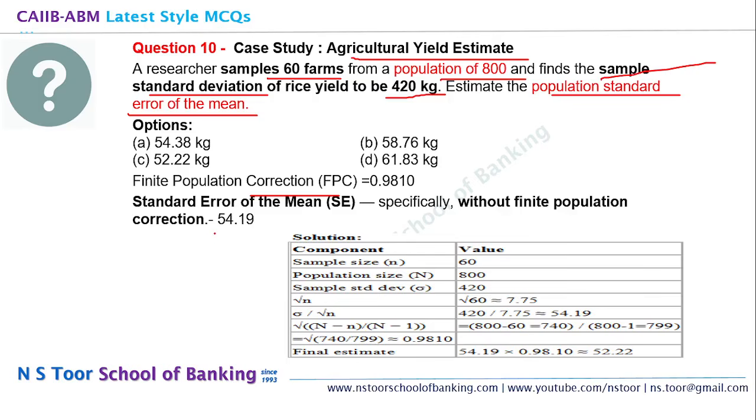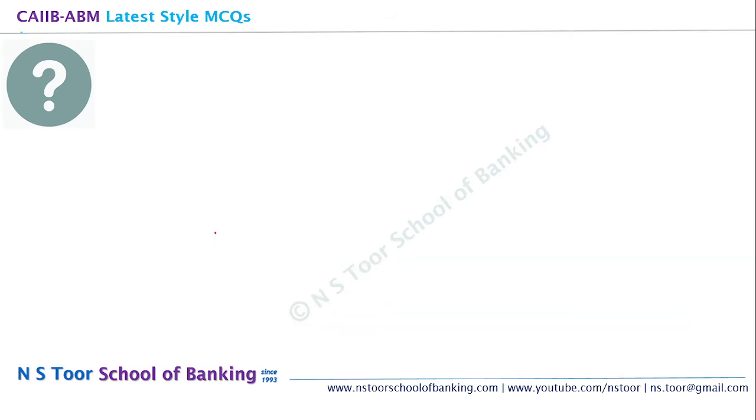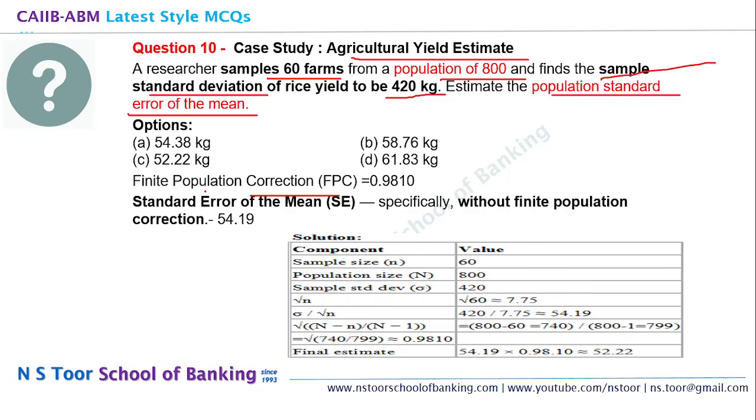The finite population correction is 0.9810. So here we will calculate it without the finite population correction. How will we calculate? What is my sample size?